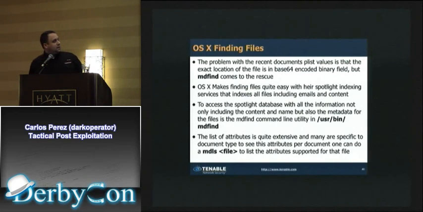So when I go into mdfind, it is /usr/bin/mdfind. One of the things I can do is search by metadata attributes on documents. I can grab a Word document or an Excel document, and I want to see the type of metadata that each type of document saves. I can run mdls on the file, and it will give me that list, so I know what to look for.